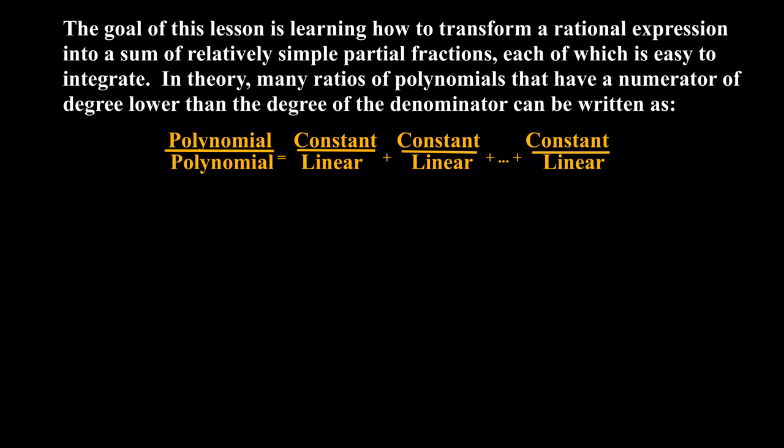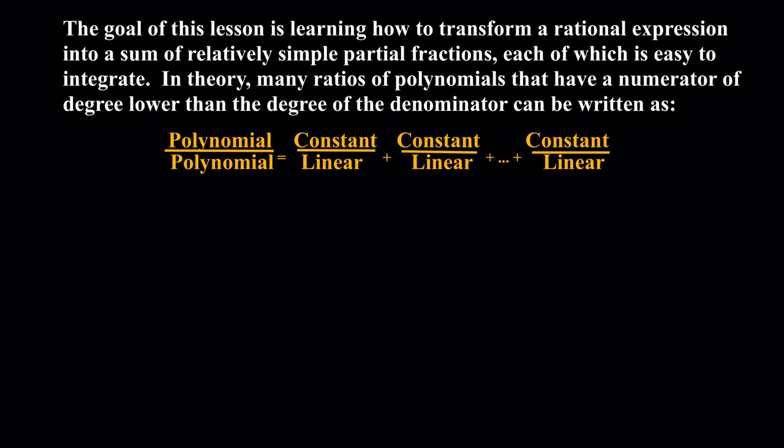In theory, many ratios of polynomials that have a numerator of degree lower than the degree of the denominator can be written in this format, where when you have a polynomial over a polynomial, and like it said up here, the degree of the numerator has to be smaller than the degree of the denominator, you can write this out as a constant over a linear polynomial plus another constant over a linear polynomial plus, and then etc., until you are able to generate that rational expression.